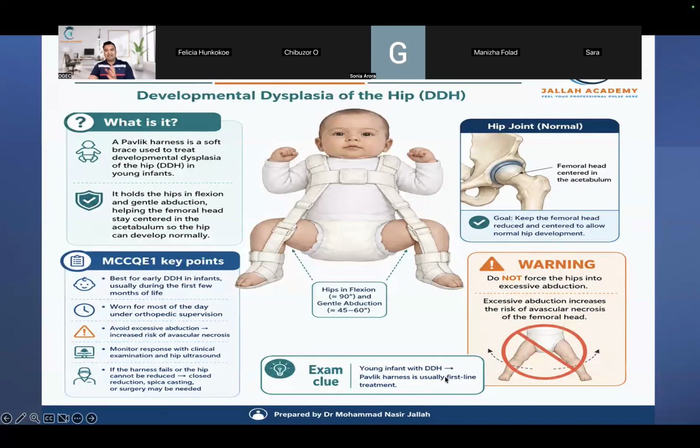They might ask you, which they love to ask, what is the first, best, or initial treatment or management for DDH in a 4-month-old, which is going to be the Pavlik harness. So warning: do not force the hips into excessive abduction. Excessive abduction increases the risk of avascular necrosis of the femoral head, okay?